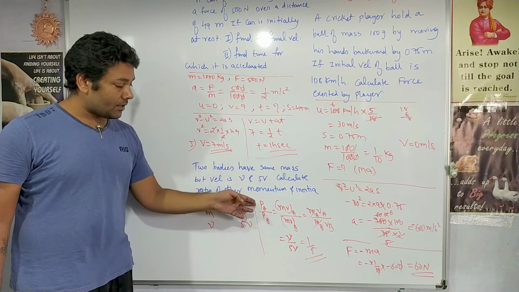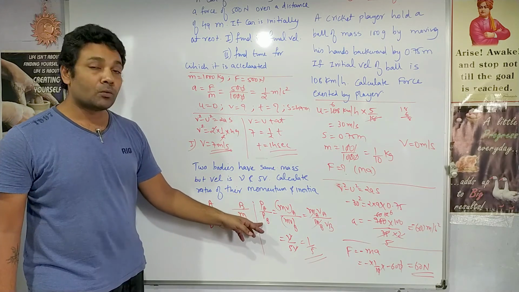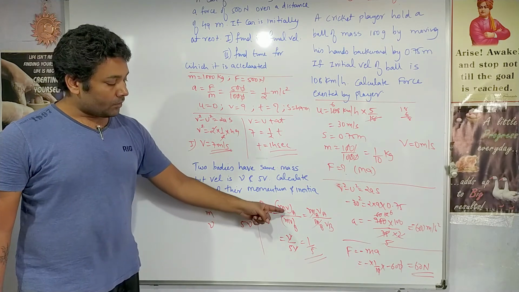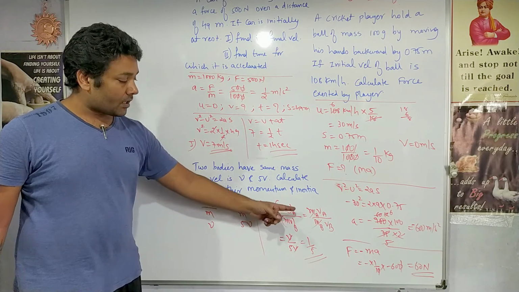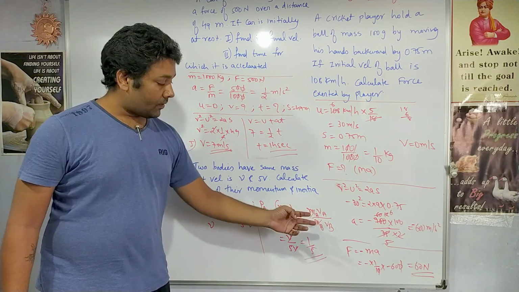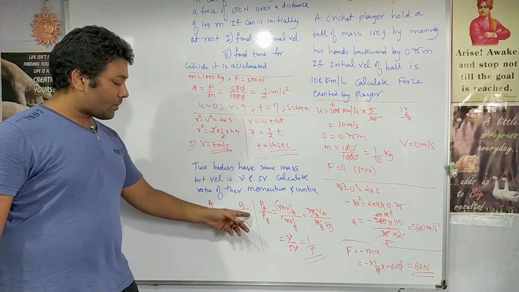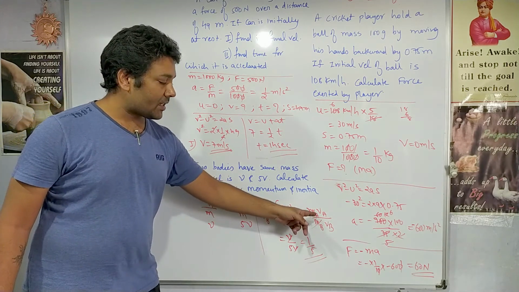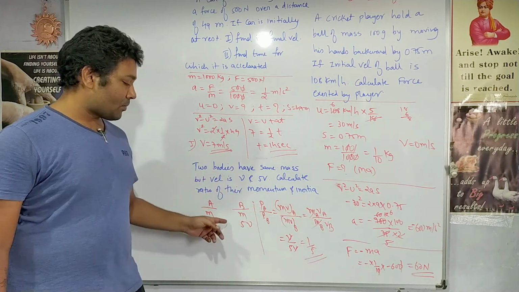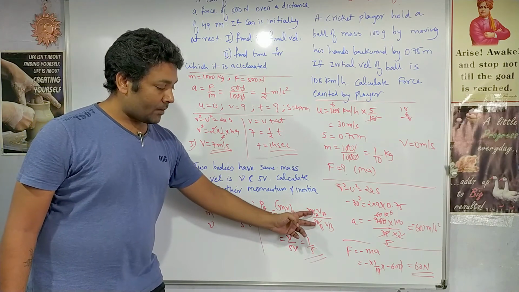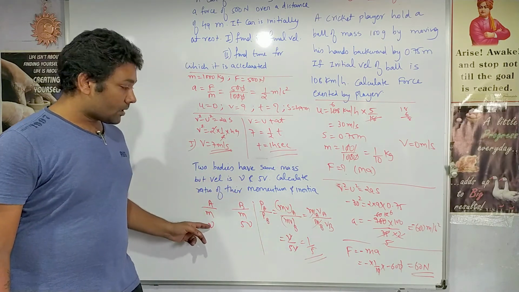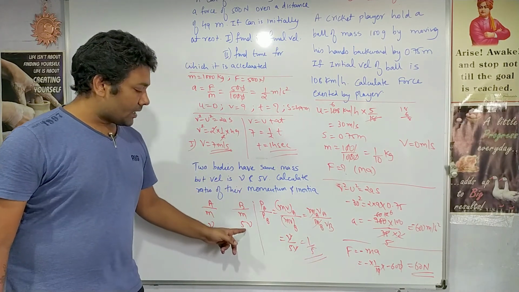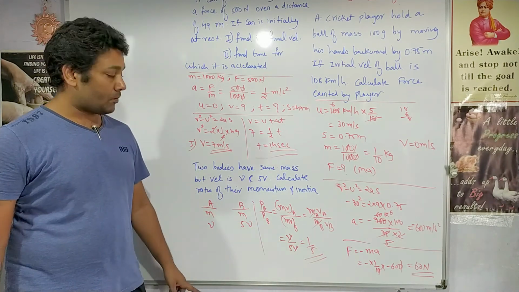When they say ratio, it means momentum of the first body upon momentum of the second body. Use the formula for momentum, then substitute the values. Ma and mb, the masses are the same, so we can cut. Velocity of A is v, velocity of B is 5v, so we get the required momentum ratio.